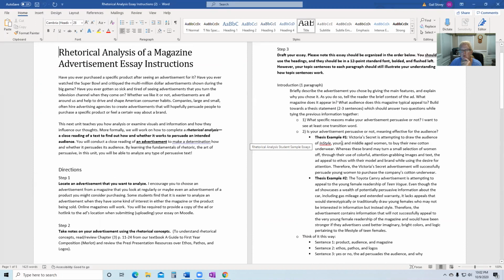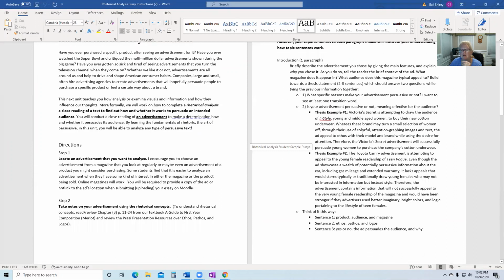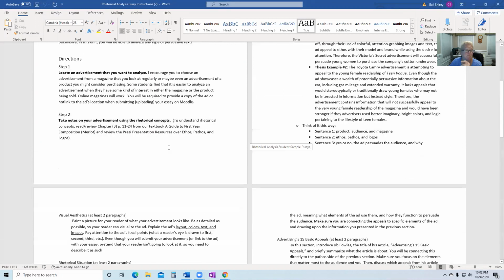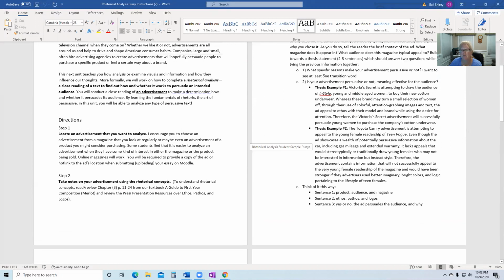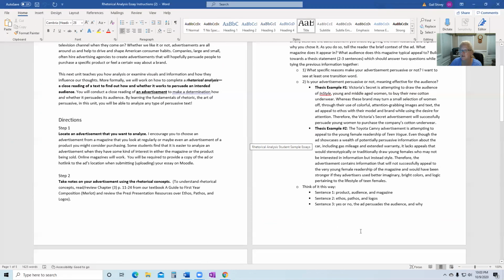So you will note that you are going to have an introduction. That's nothing new, but then you're also going to have various sections with headings. So in your introduction, I'm going to want these items in there. I'm very specific about how I want you to state your thesis.